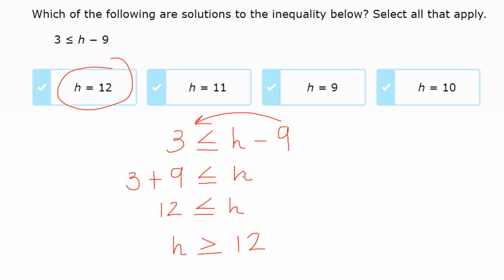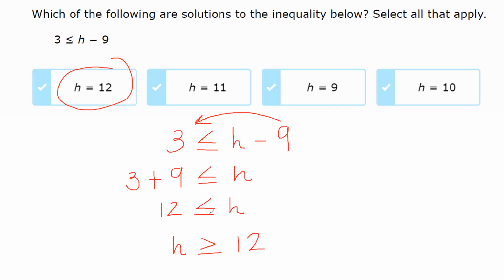And what do we have on the right-hand side? We just have H. And on the left-hand side, what are we going to do with these two numbers? We're going to add them. Good. What is 9 plus 3? 12. So we have that 12 is less than or equal to H.